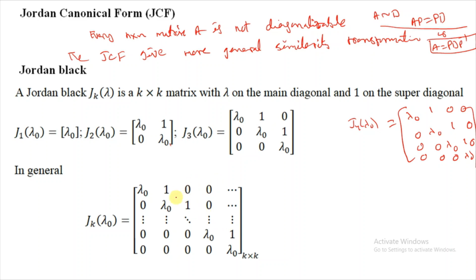Above the super diagonal and below the diagonal, all entries are zeros. This is the Jordan block.